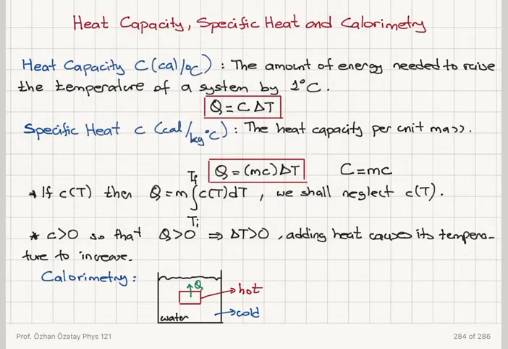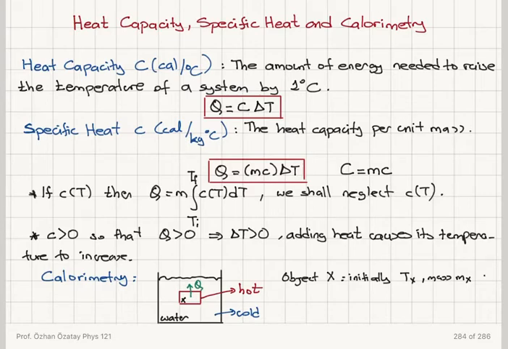And this object I call object X. So before I put it into this water, I have measured its initial temperature. For object X, I have initially temperature Tx, and I know its mass, and mass is m sub x.